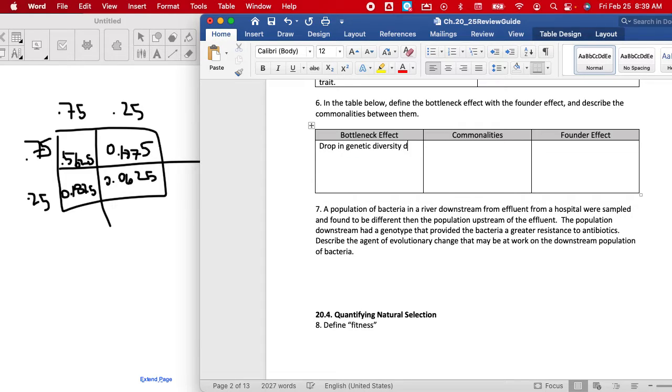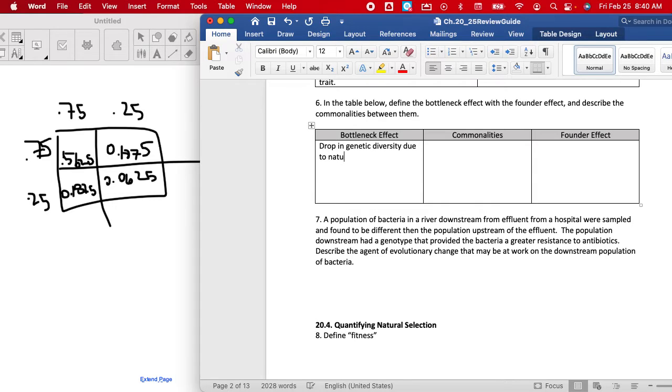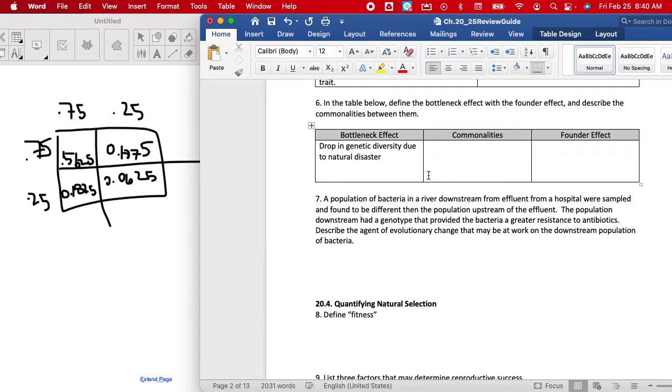Low population, no new genes coming in, like a disease or a natural disaster. Something just comes, and all of a sudden the population is decimated, and then you're left with just a few alleles. So I'm going to say due to a natural disaster, maybe a forest fire sweeps through. But it's usually a natural disaster, or maybe human influence, like overhunting.